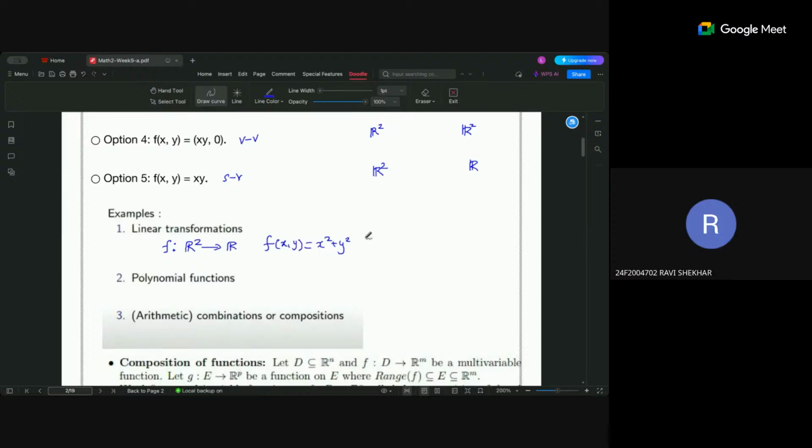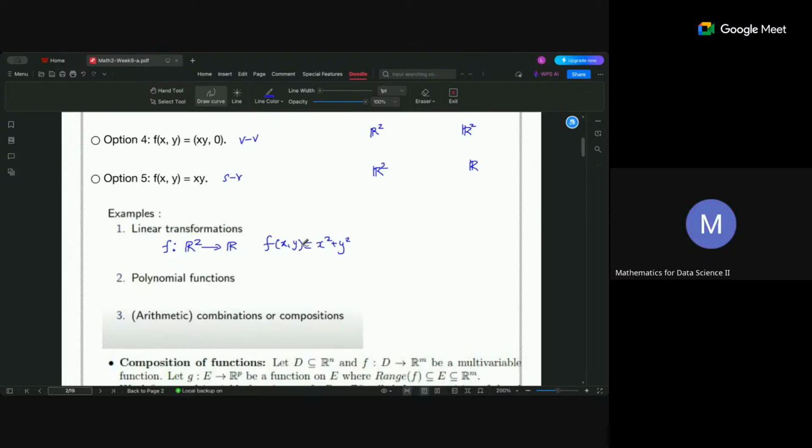Ma'am, if we define my function in that way, then it's possible. In which way? If the function is defined as an inner product. No, for an inner product, you need two vectors, correct? One vector is x comma y. What is the other vector? Norm of the vector itself, the length of the vector, can be used.